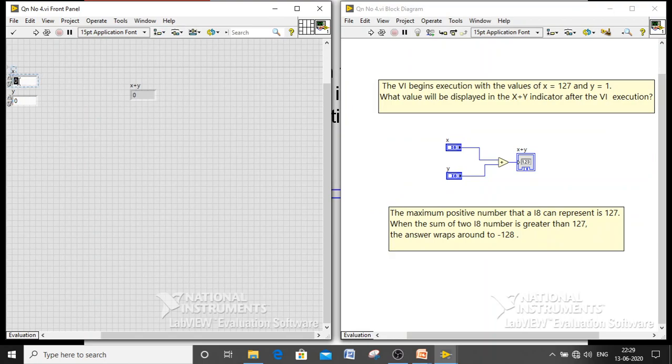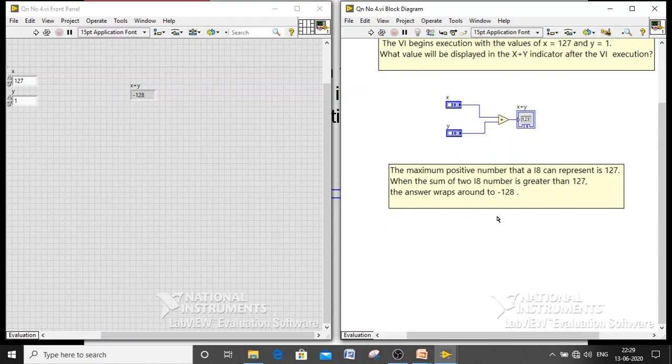Here we have 127 and 1. The answer is minus 128. The reason or justification is that the maximum positive number for I8 is 127, but after summing those two values we got a value greater than 127, so the answer wraps around to minus 128.